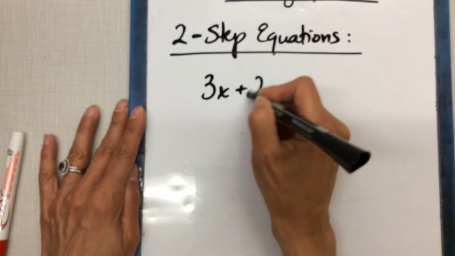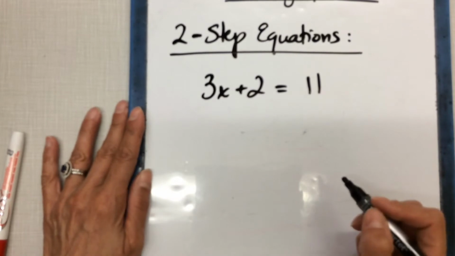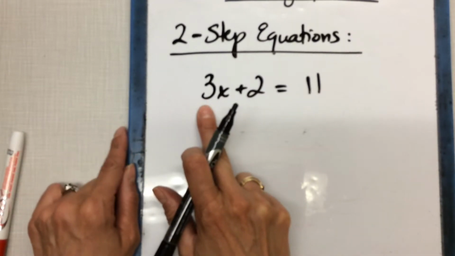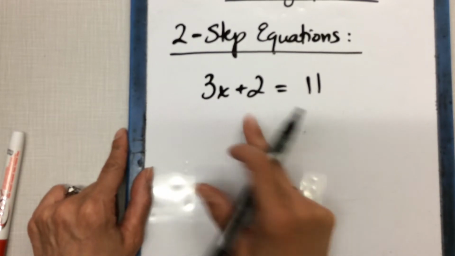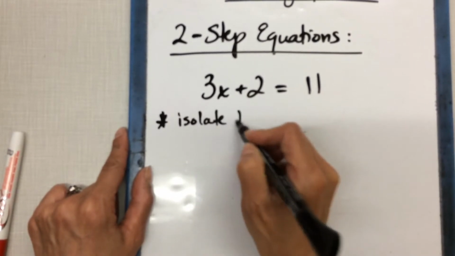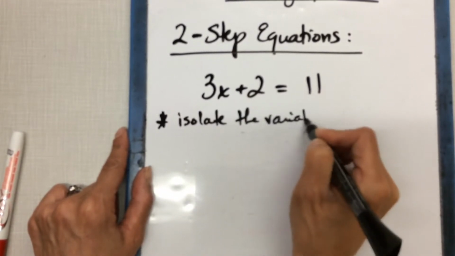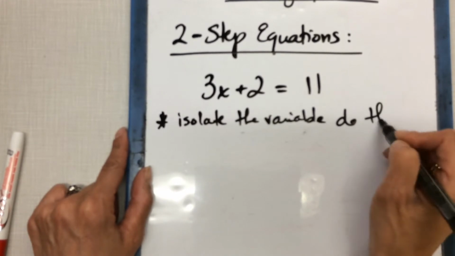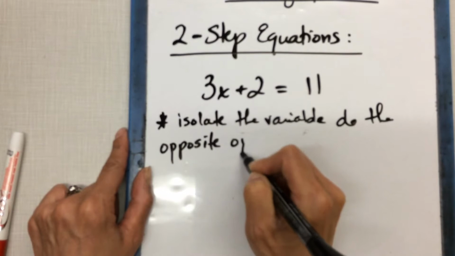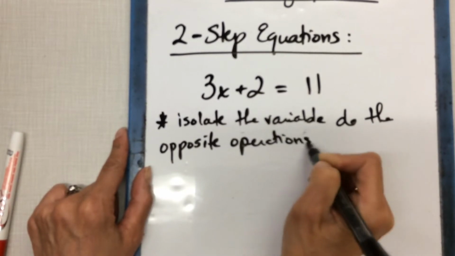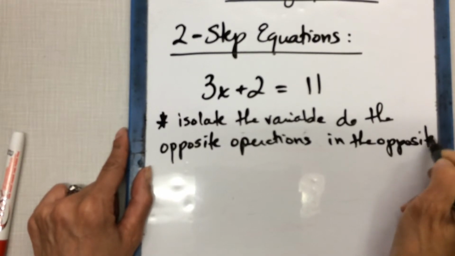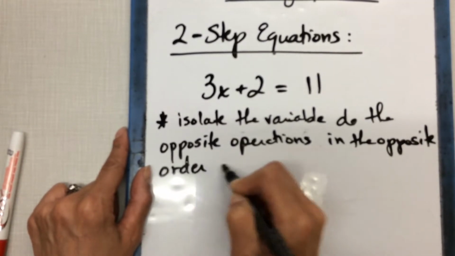3x plus 2 equals 11. Now, what do we do first? This variable is being multiplied by 3, and then we're adding 2. In order to isolate the variable, do the opposite operations in the opposite order of BEDMAS.